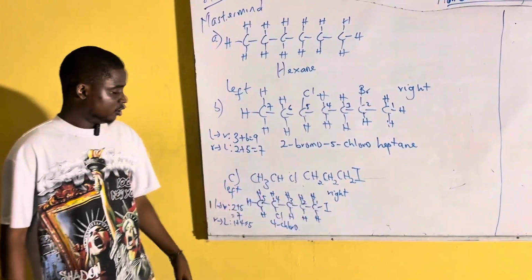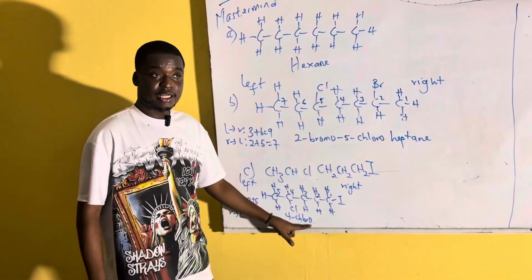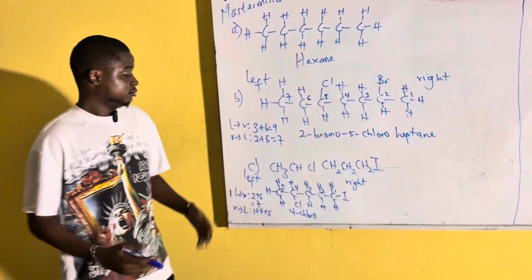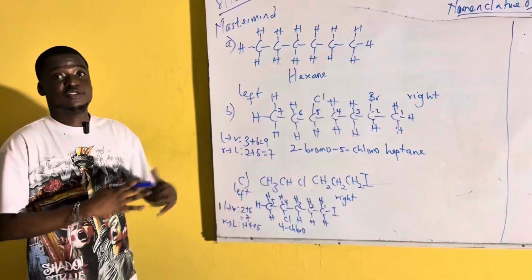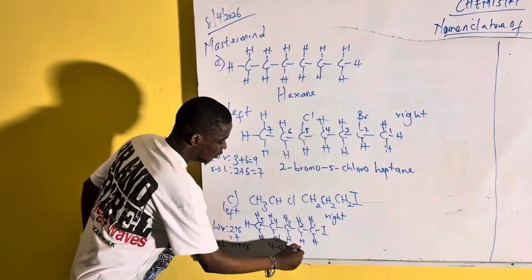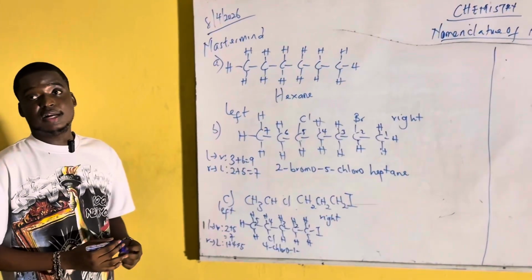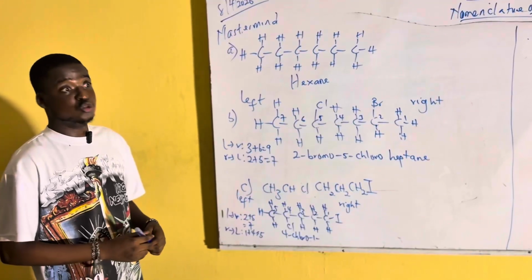It's on carbon 1. Do not forget, you always use a hyphen to separate numbers and letters, but you don't separate the names from each other; just write them beside each other. So we have iodine on 1. By the way, iodine on a hydrocarbon chain is called iodo.